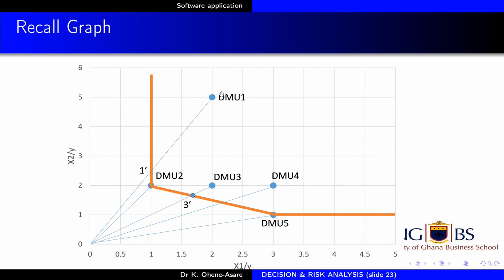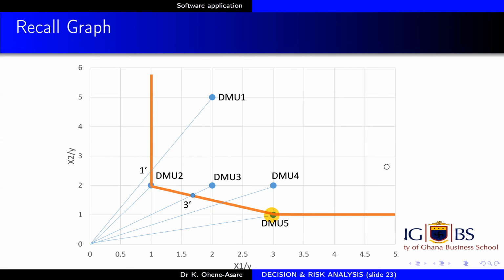If you look at this DMU1, it's a real DMU. Now the firms that are on the frontier here, let's take, for example, this one here. Now this firm, DMU2, is a real DMU, isn't it? Now DMU5 is also a real DMU.